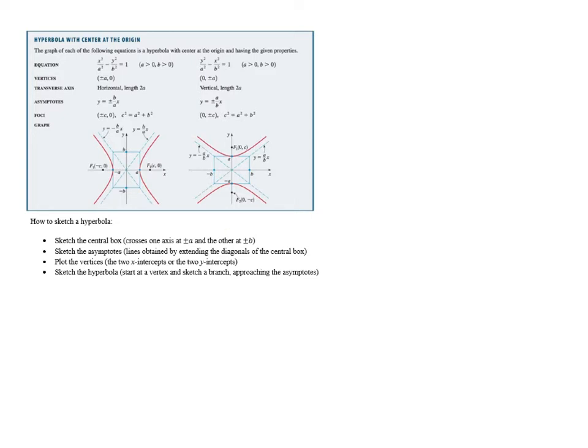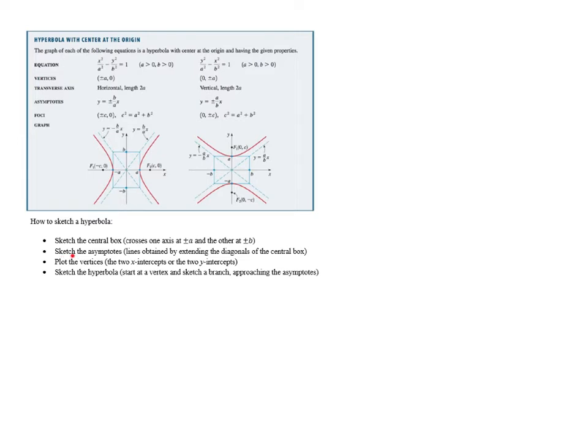Basically, whichever term is positive tells us the axis on which the vertices lie. And then we plot 2 points on the other axis, and then we can draw a rectangle that goes through those points, and that is our central box.